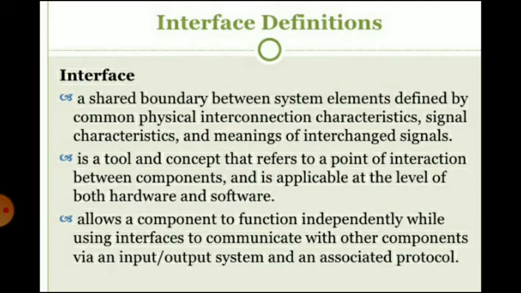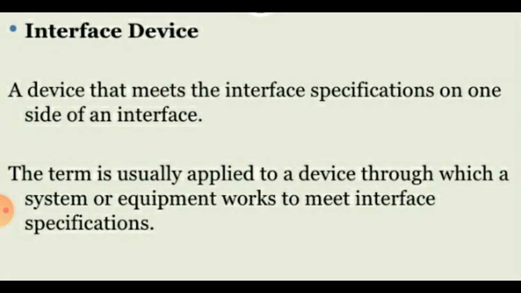So it allows a component to function independently while using interfaces to communicate with other components via an input or output system and an associated protocol. An interface device meets the interface specifications on one side of an interface.